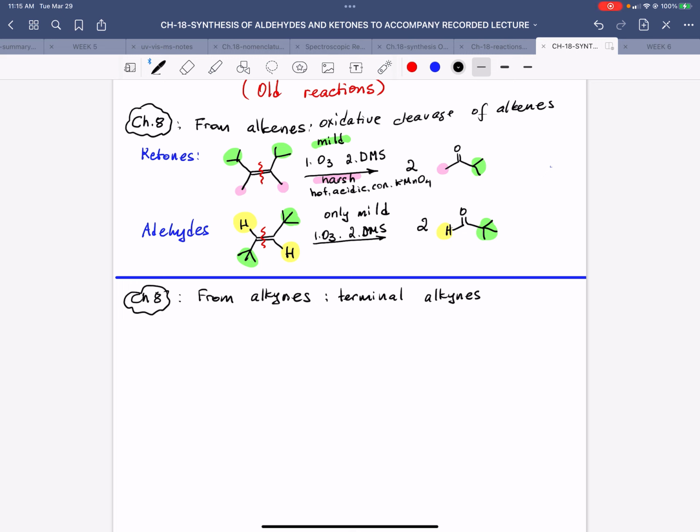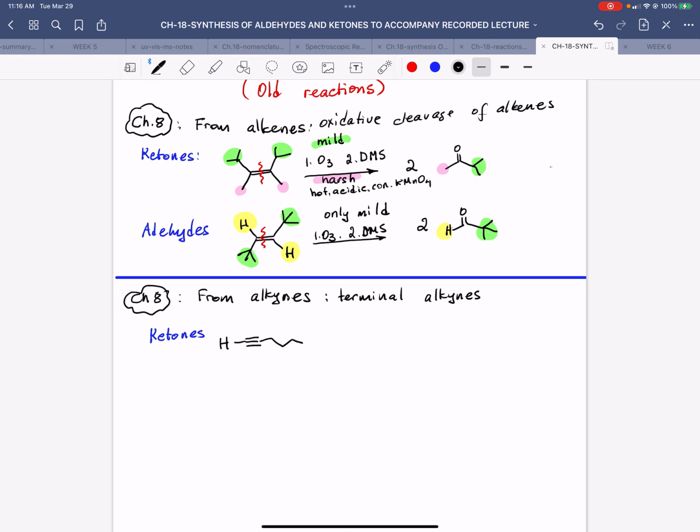So let's see, if we want to make a ketone, then for synthesis of ketones, we're going to take a terminal alkyne. Let's bring in a hydrogen on the terminal carbon.